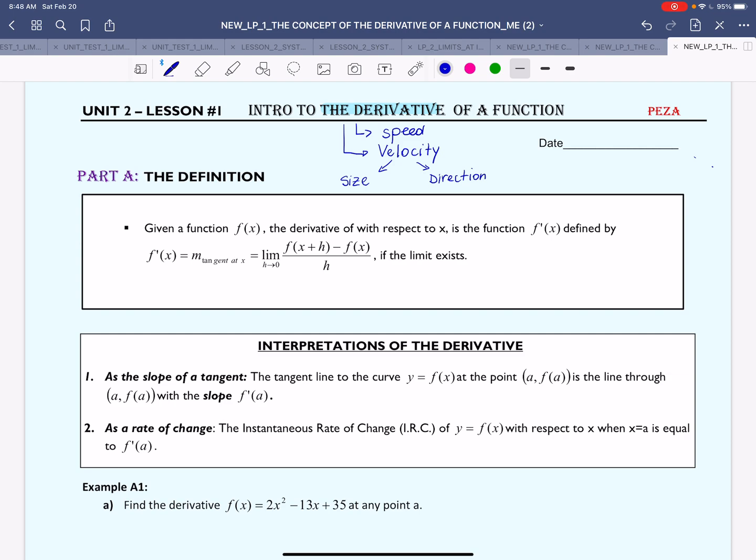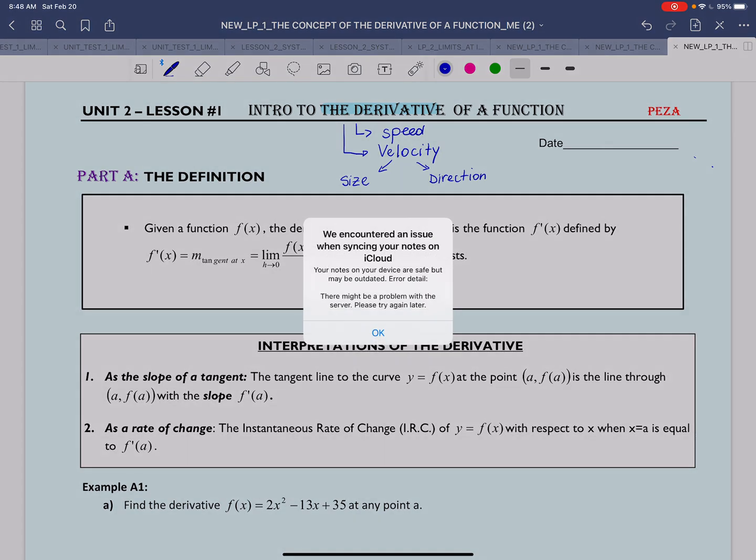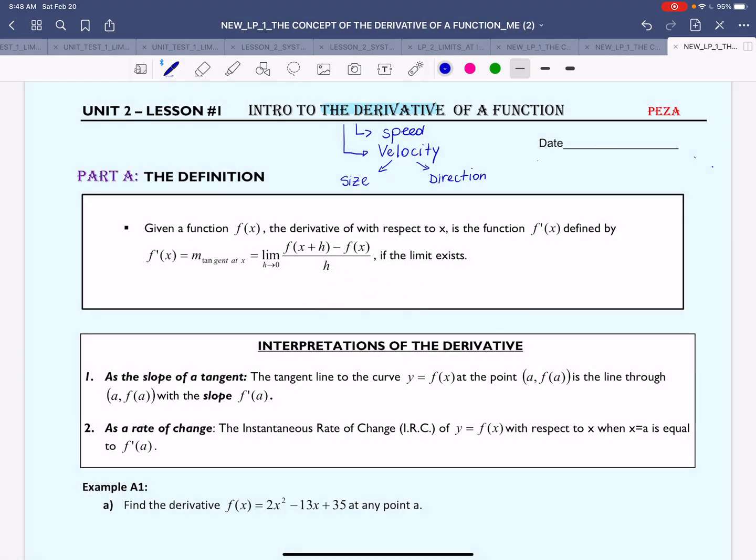Now, if you remember in the previous unit, very often we use the word instantaneous rate of change. And what instantaneous rate of change actually gave us was how fast the values of y were changing at a specific point. And it was measured by the slope of the tangent at a point.